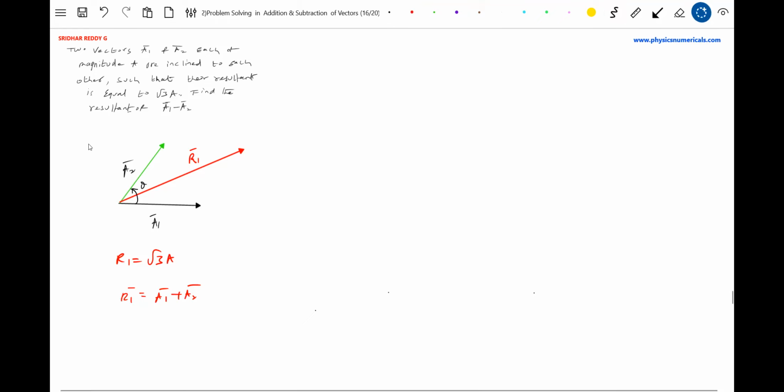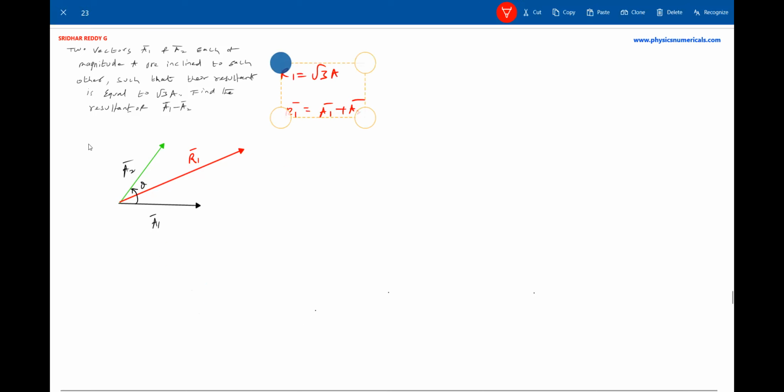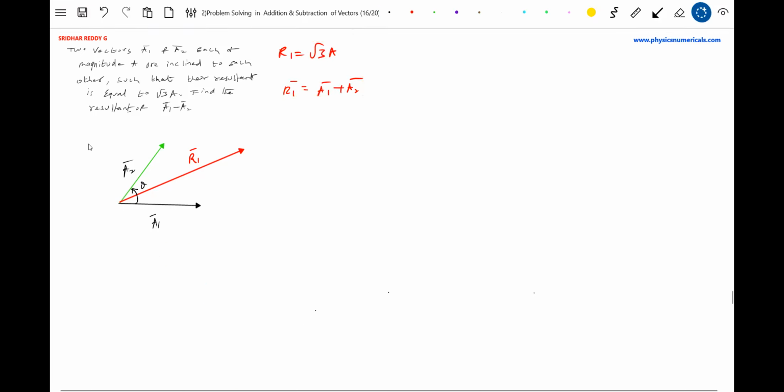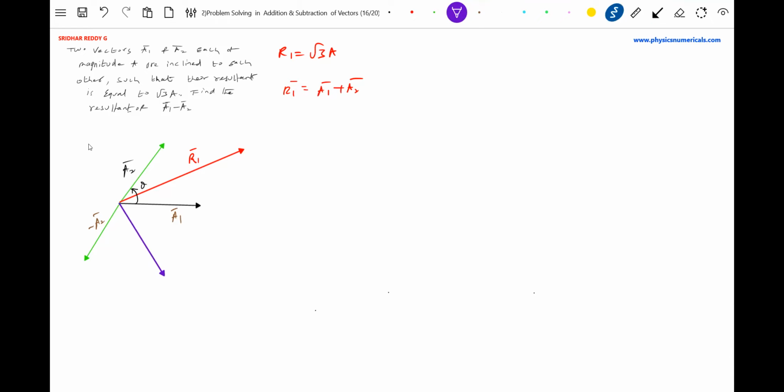I think it is some addition and subtraction, nothing to bother much about. So again R1 bar equals A1 bar plus A2 bar. No, we need A1 bar minus A2 bar, so I should bring the negative of the vector A2 bar. The negative of vector A2 bar will be here. The resultant of A1 bar minus A2 bar is R2 bar, that is what is asked.